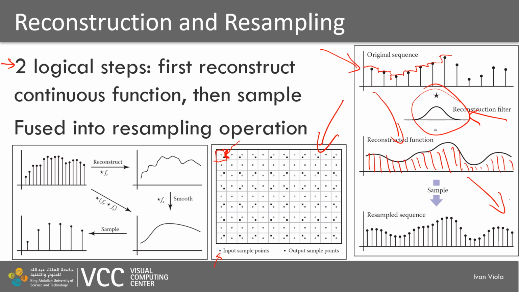One could think, if we already have such a high resolution, why don't we just take the samples which are closest to our desired sample? Why don't we just take this sample value, for example, and not the other values which are farther away?